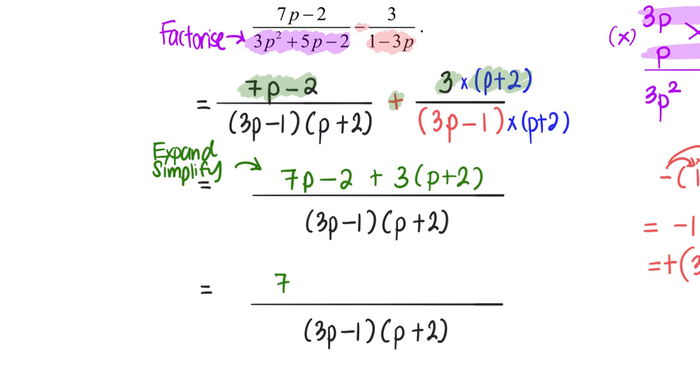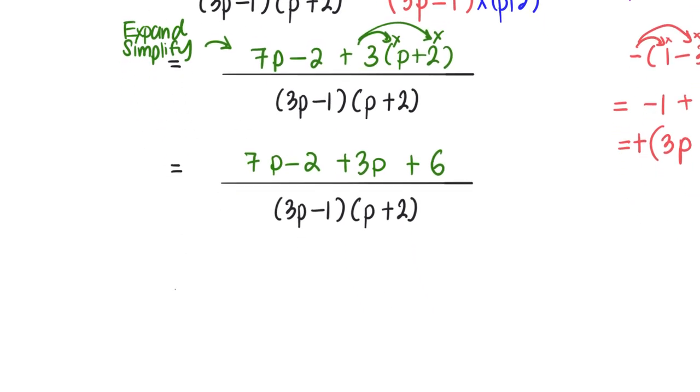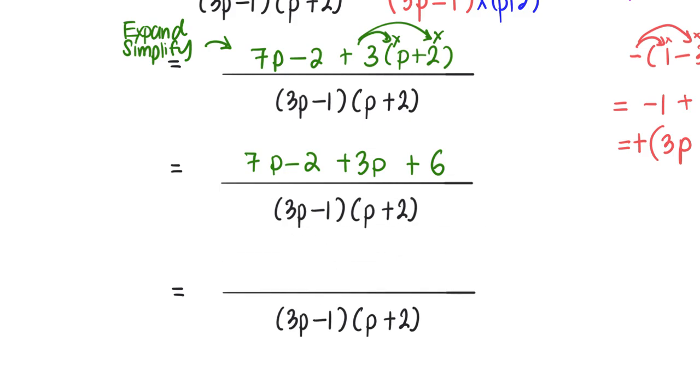I will have a 7p minus 2. 3 times p will be positive 3p. 3 times 2 will be positive 6. And I continue to simplify this with my denominator as such. 7p plus 3p will be 10p. Negative 2 plus 6, positive 4.